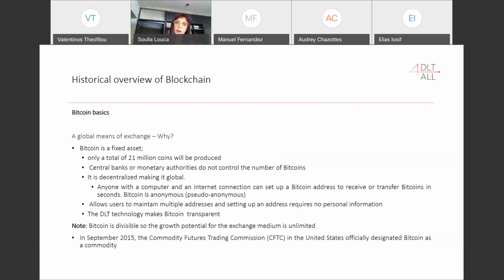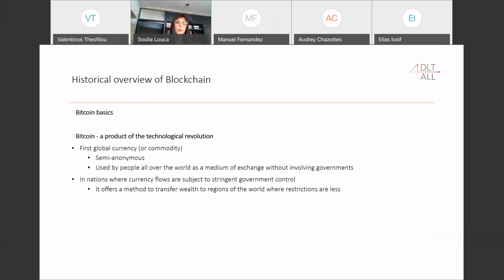Bitcoin is divisible, so it has a large growth potential as an exchange medium. In 2015, the Commodity Futures Trading Commission in the United States officially designated Bitcoin as a commodity. So this is why one can say that it is a currency and it is a global one.